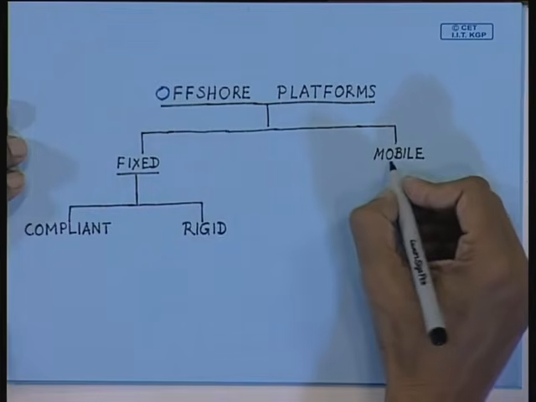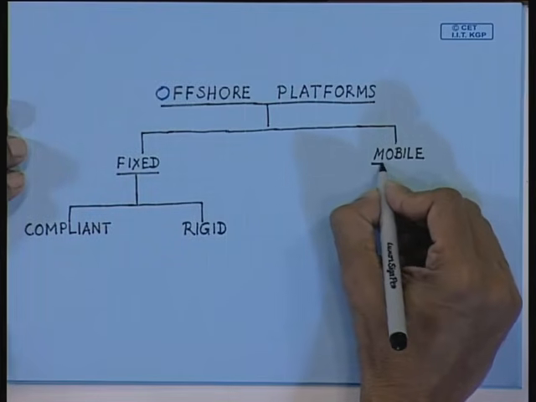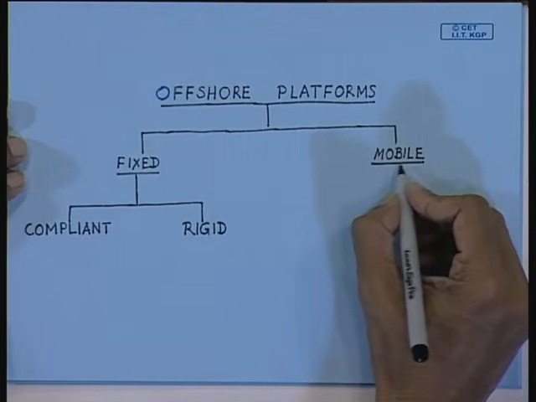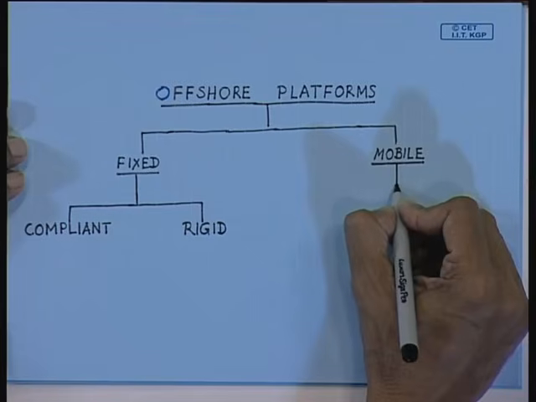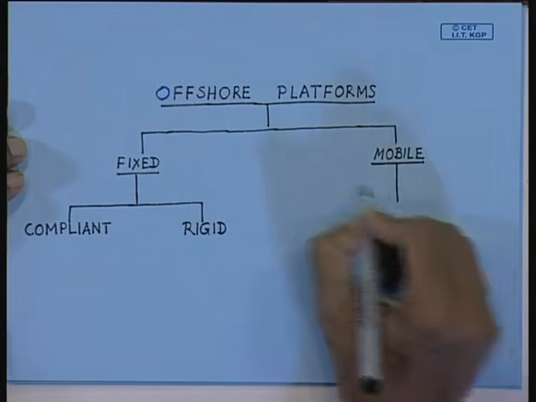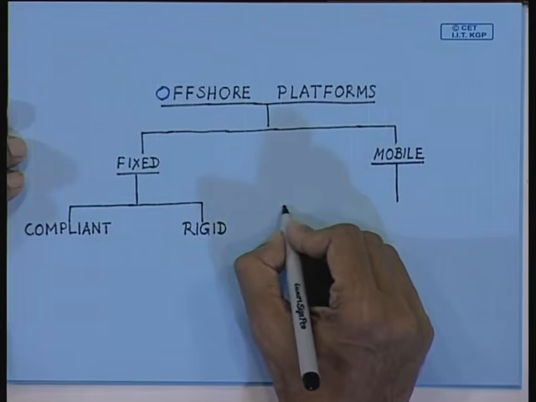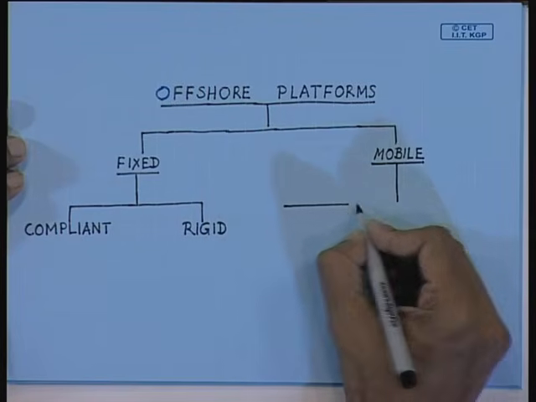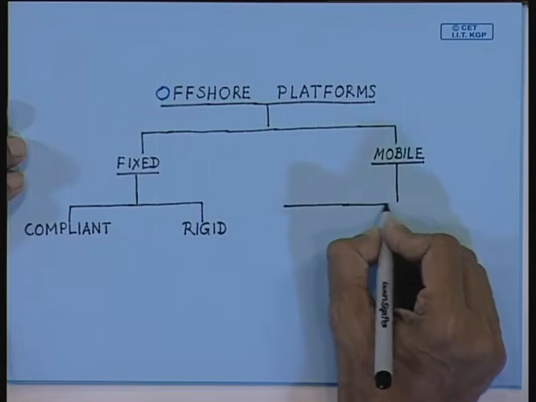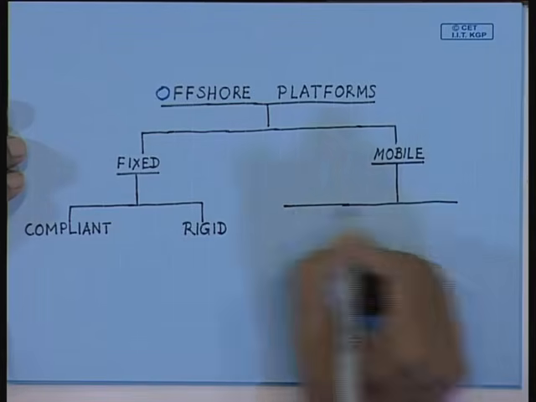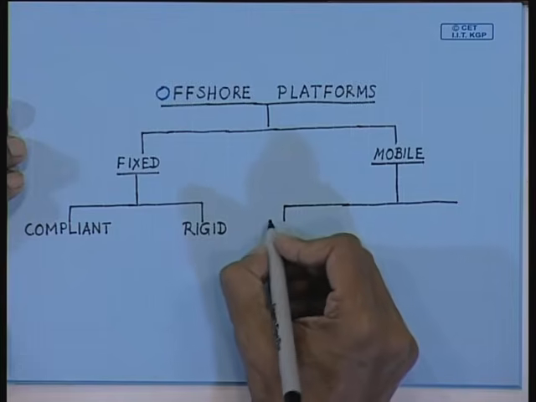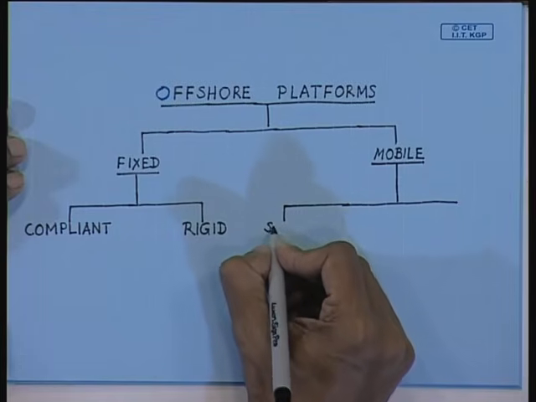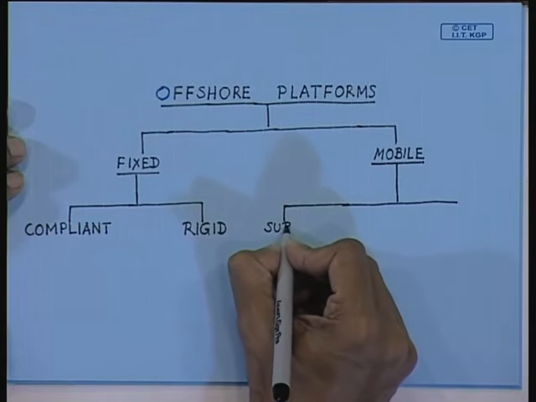And again under the mobile category, these types of structures do not have any connection with the seabed, excepting of course jackups to some extent. In the drilling mode, they have their foundation on the seabed, but most of them are floating.